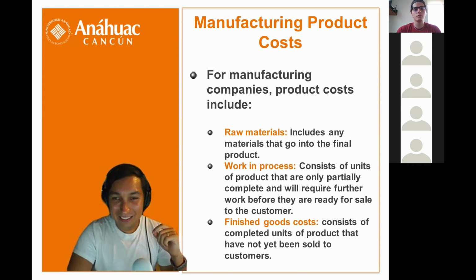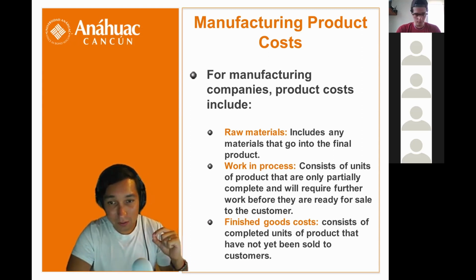So in manufacturing, the product cost that we might see will include raw materials, so any material that goes into making the final product, and work in process, or WIP. I know you guys were hoping for more acronyms in your life, right? But we've got MO as manufacturing overhead.